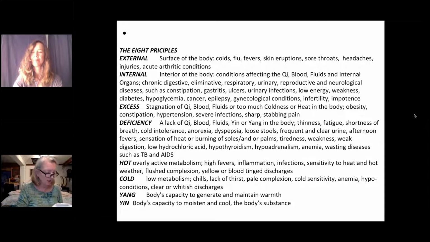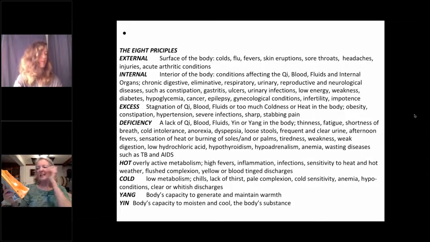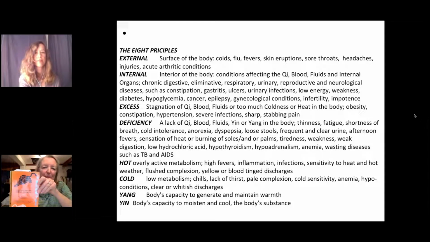So interrogation: chills and fever. You have chills or fever. Sweating, as I said, perspiration. And this book, Chinese Traditional Herbal Medicine, I keep looking at the title because we had a different title at first that I remember more than this one.